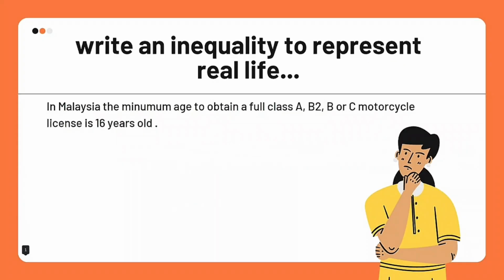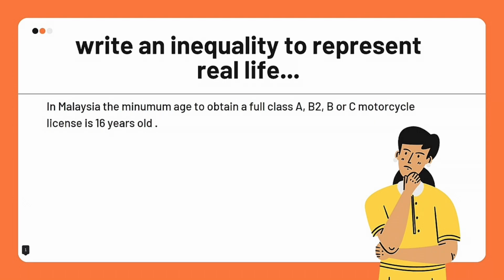This is how to write an inequality to represent real life. For example, in Malaysia, the minimum age to obtain a full class A, B2, B or C motorcycle license is 16 years old. In order to write an inequality, we want to look for keywords. In this statement, the keyword is minimum.